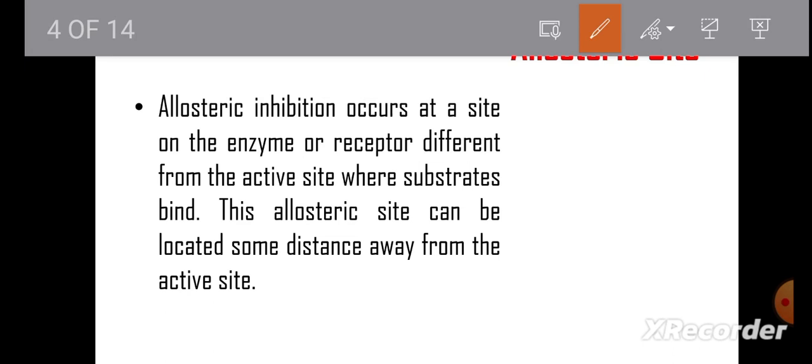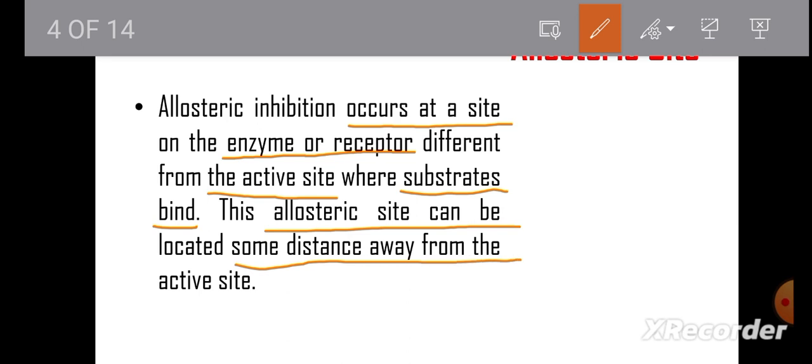Here comes an important point. Allosteric inhibition occurs at a site on the enzyme or receptor. Second, the allosteric site is different from the active site. The active site is the place where the substrate molecule binds, and the allosteric site can be located some distance away from the active site.